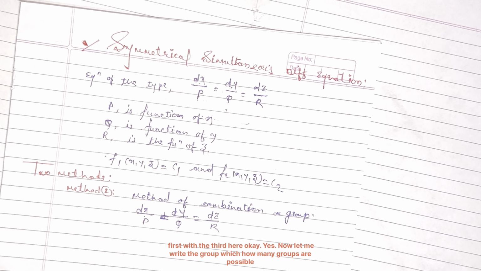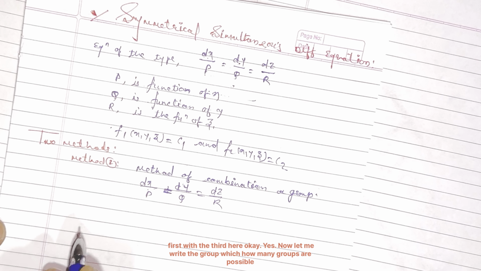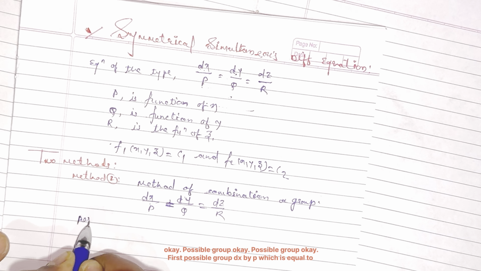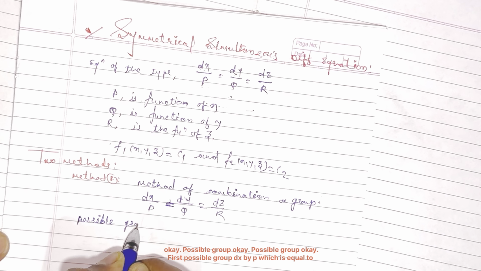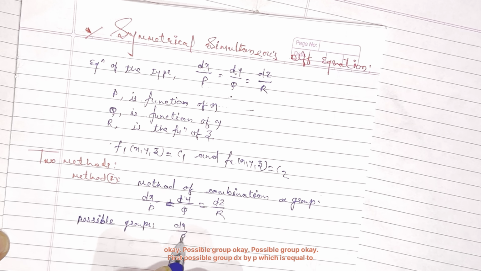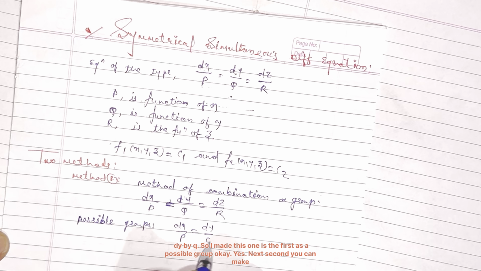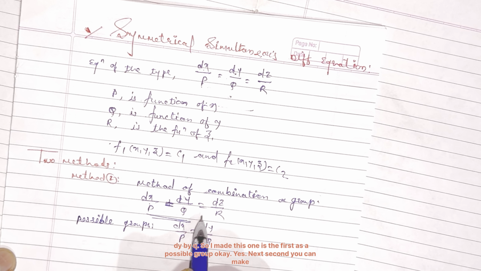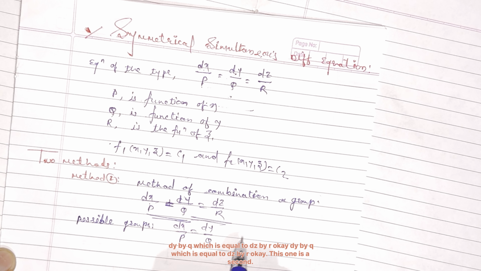Now let me write the possible groups. The first possible group is dx by p equals dy by q. The second is dy by q equals dz by r.